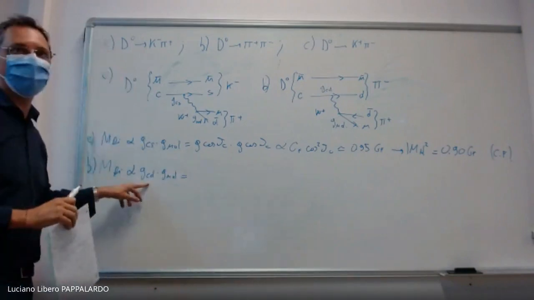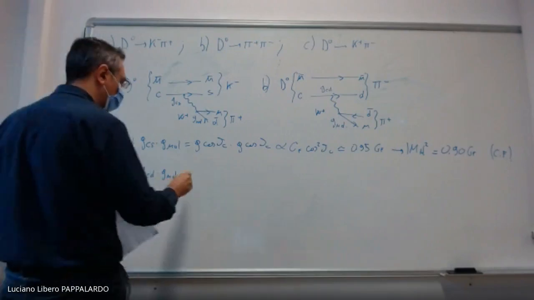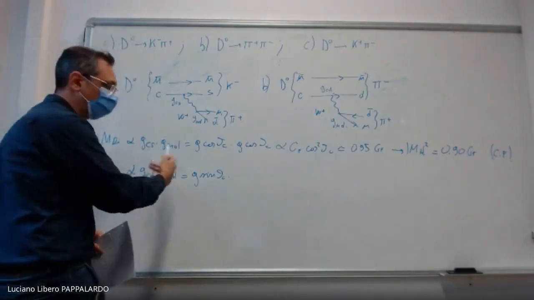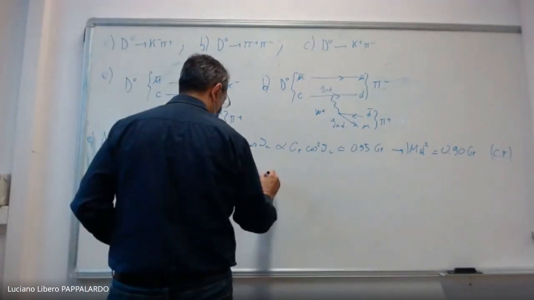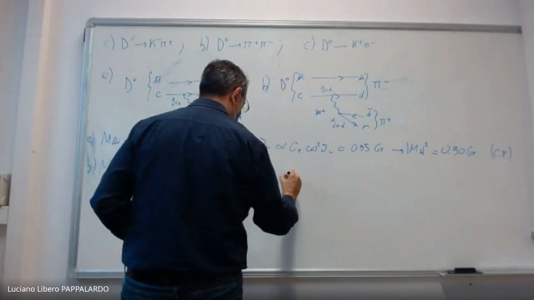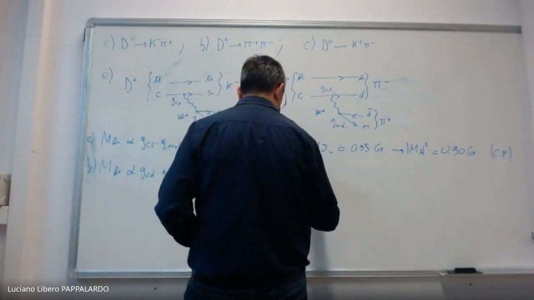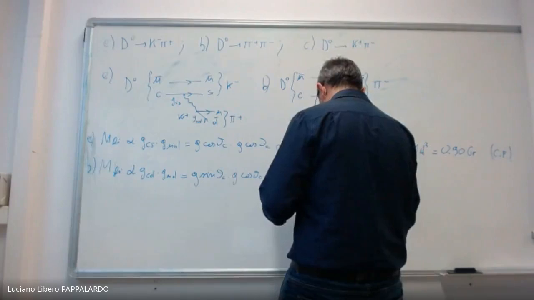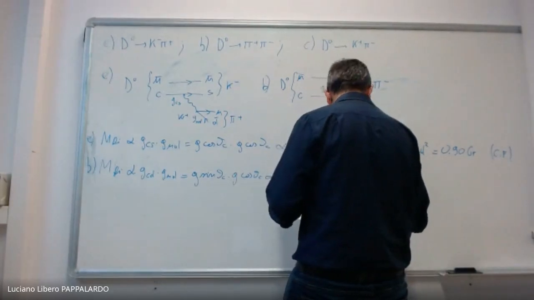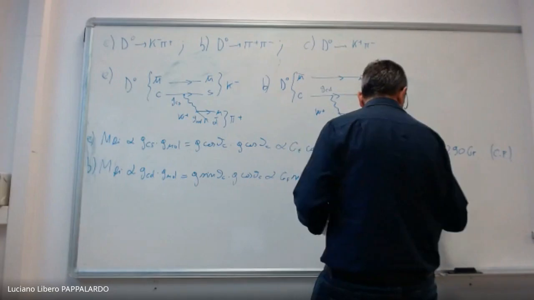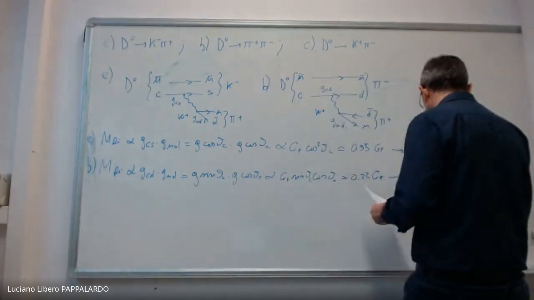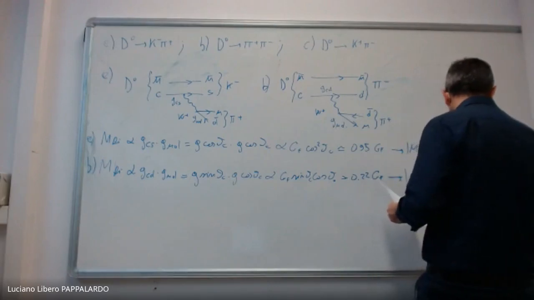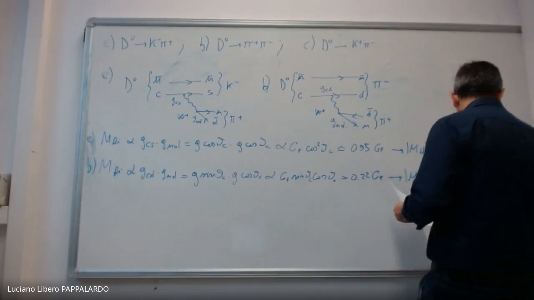Now, the first of the two is a transition between two different families, so this has to be suppressed: G sin theta_C. The second is a transition within quarks in the same family, so this is favored, with the cosine. So G_F sin theta cosine theta. So this is in the end 0.22 G_F. When you calculate now the square of the matrix element, you obtain something like 0.05 G_F squared. So this is Cabibbo suppressed.